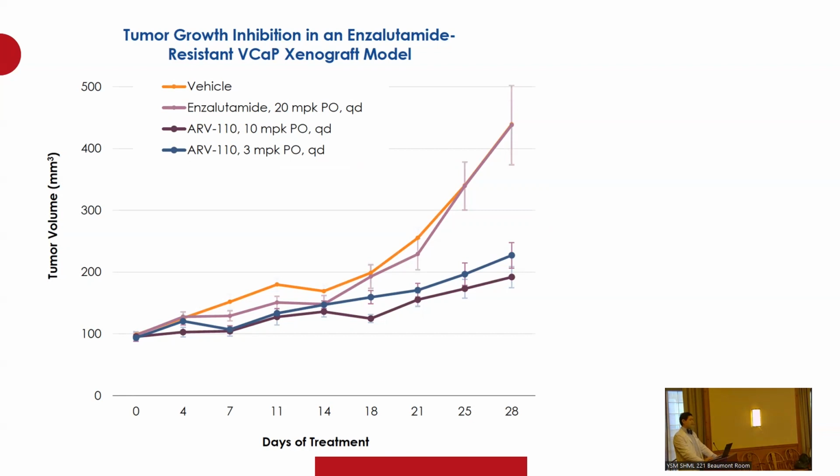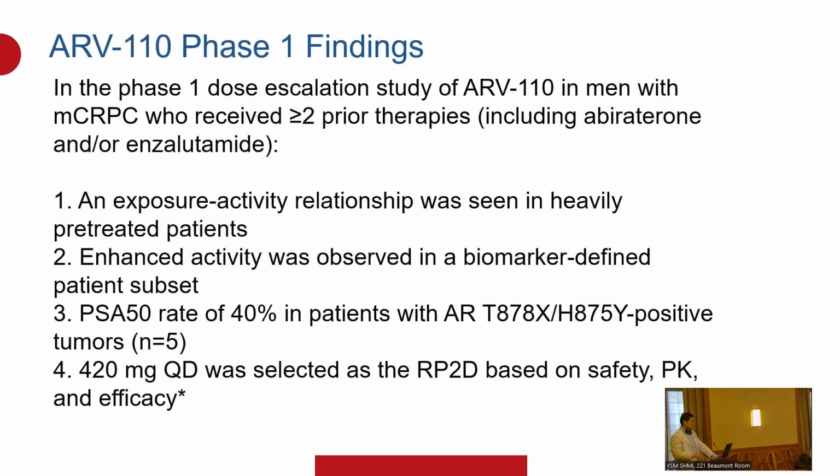And so with these data, they pushed on and carried out the first phase 1 trial. The patients were men with mCRPC who received more than 2 prior therapies, including abiraterone and/or enzalutamide, amongst other therapies.